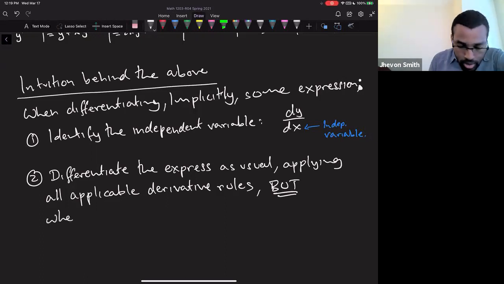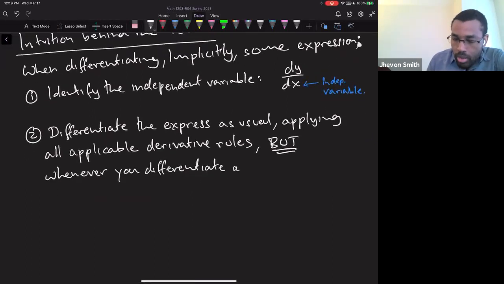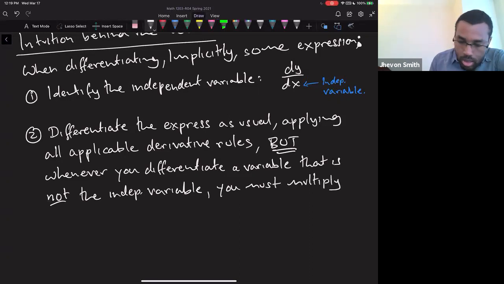Whenever you differentiate a variable that is not the independent variable, you must multiply by the prime of that variable.